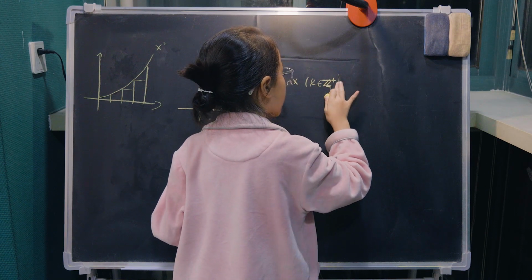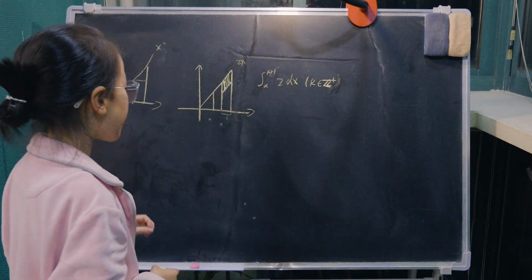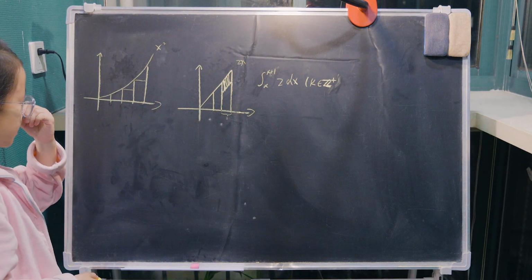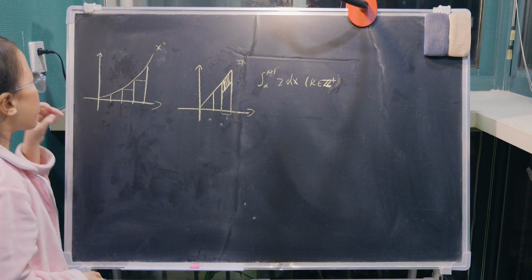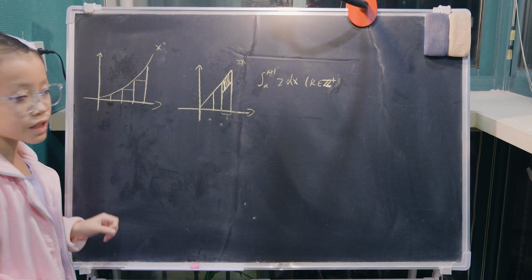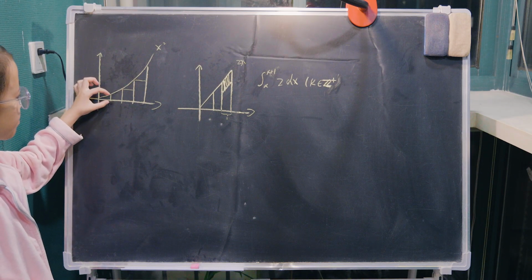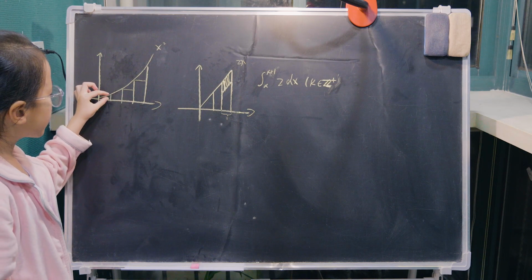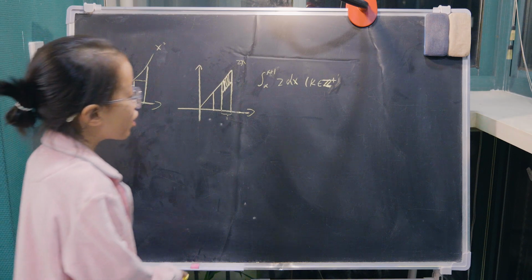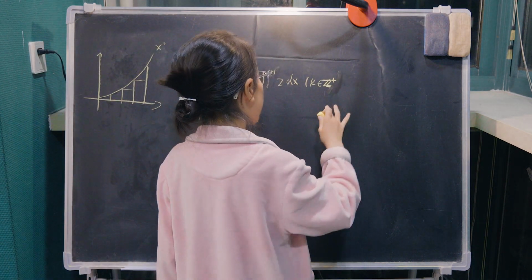So, and there's another condition. If you think about it, if k is 1, so what's the difference that is going to be subtracted by the difference right here? What's that? None of them. So k can't equal 1.